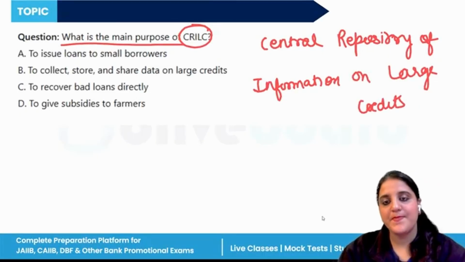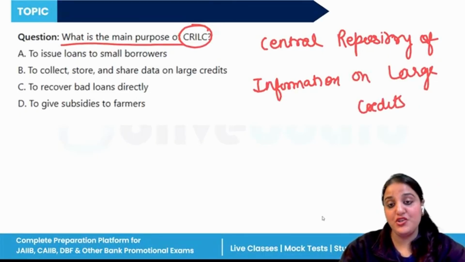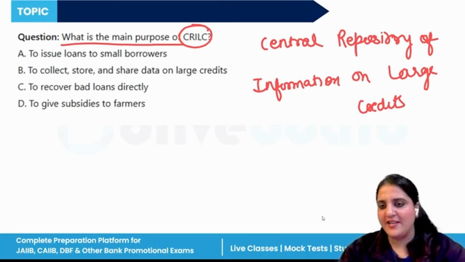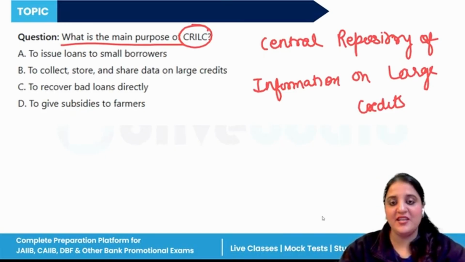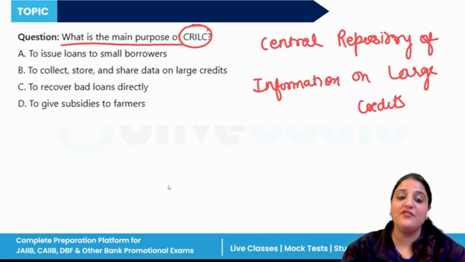Suppose your branch lends to a large corporate for 150 crore. RBI wants all lenders to share and check information on such large loans to monitor defaults and avoid excessive exposure.